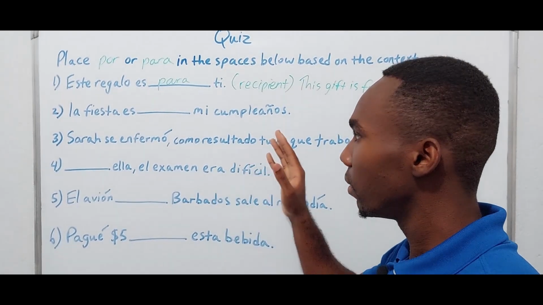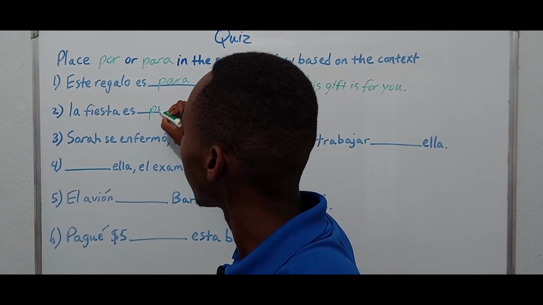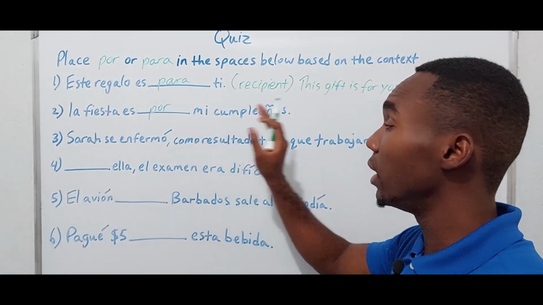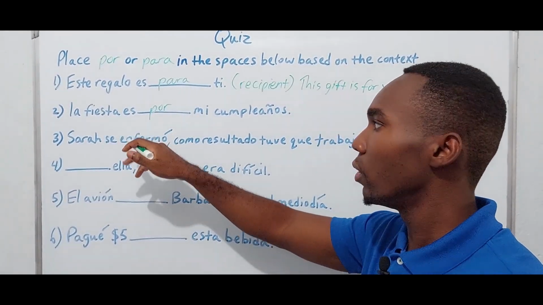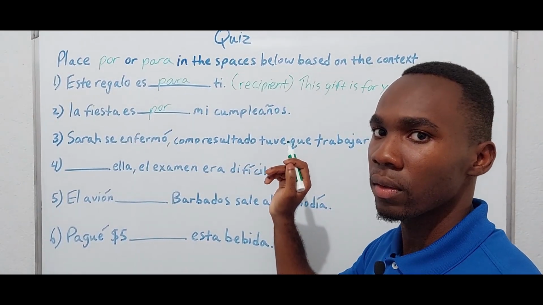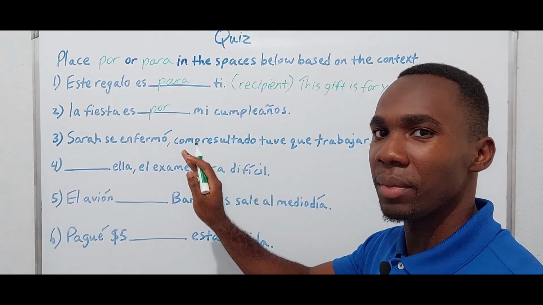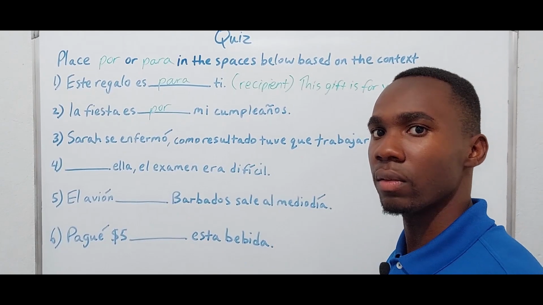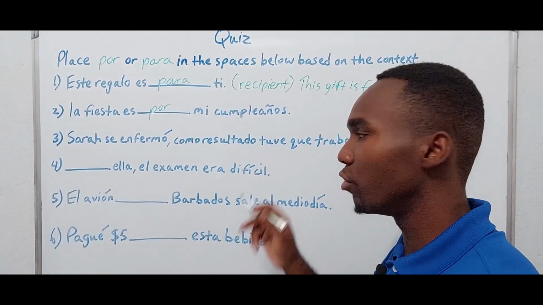This means that por is the appropriate answer here, because what this is saying is that my birthday is the reason for the party. So you could take por from there and say the party is because of my birthday, which should be the meaning of for, right? The for wouldn't be a purpose in this case. That would be a reason, or the reason why I'm having the party.